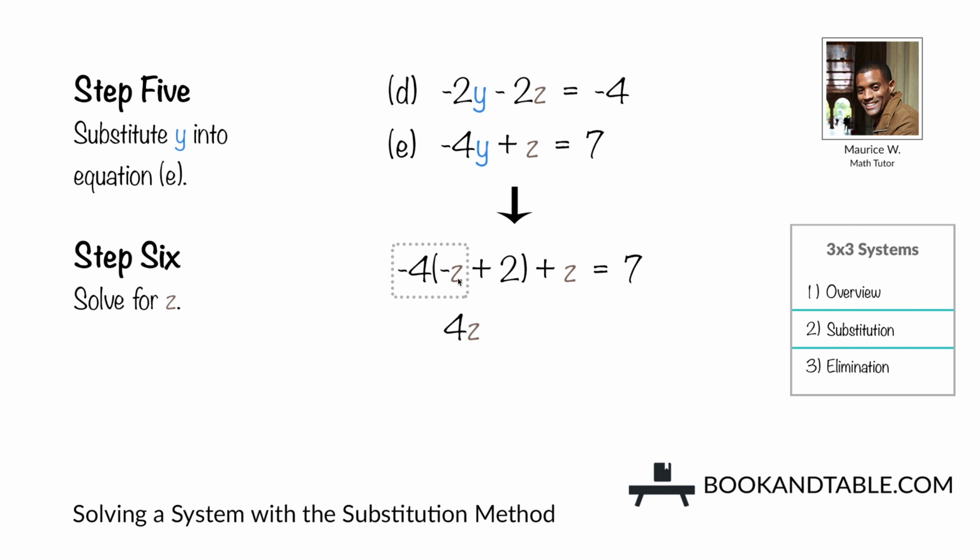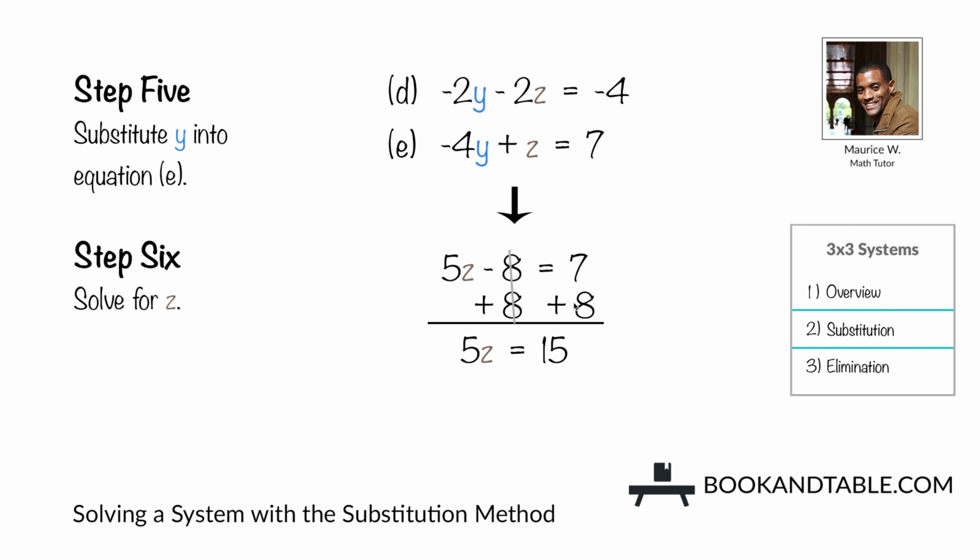Negative 4 times negative z is positive 4z. And negative 4 times 2 is negative 8. Plus z is equal to 7. We can combine the like terms, z and 4z, to give us 5z. And now we can solve for z. So we'll add 8 to both sides, showing us 5z is equal to 7 plus 8, which would be 15.